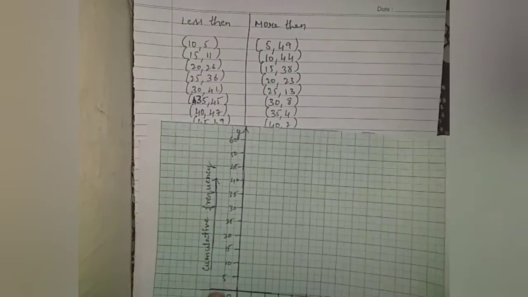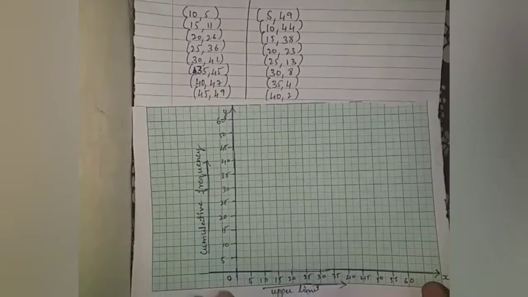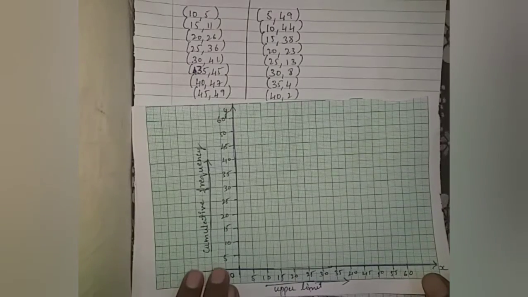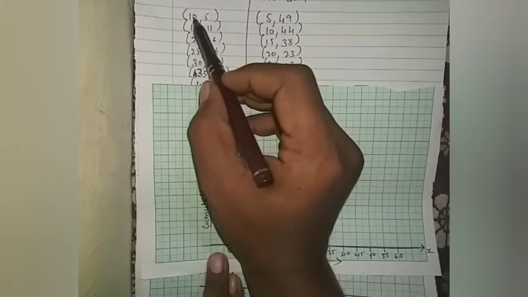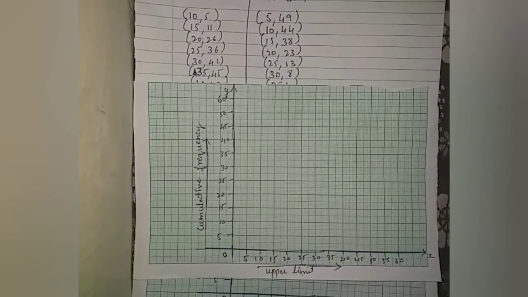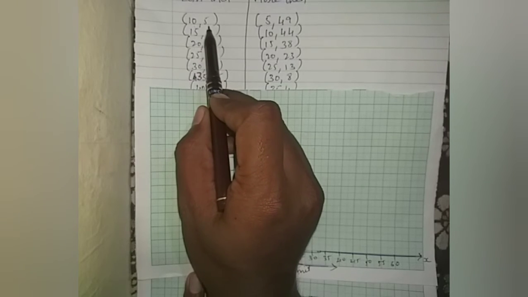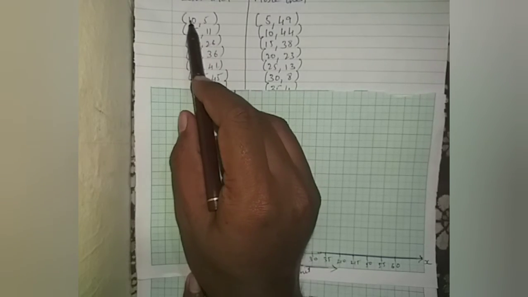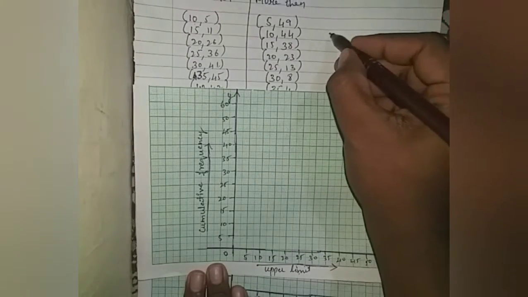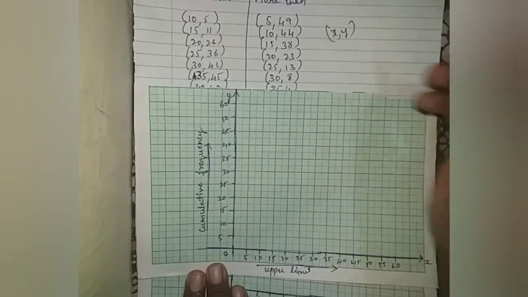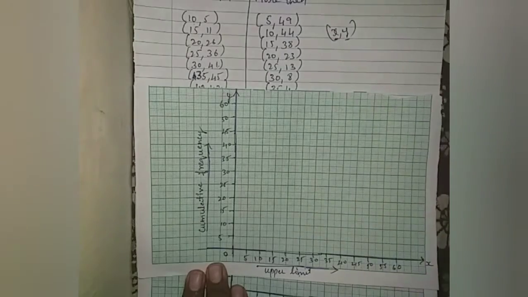So we'll start the class. We'll mark the points on the graph. Can you see the first point? 10 comma 5. The x value is 10 and the y value is 5. I told you points are in the form x comma y, the first value is the x value and the second is the y value.